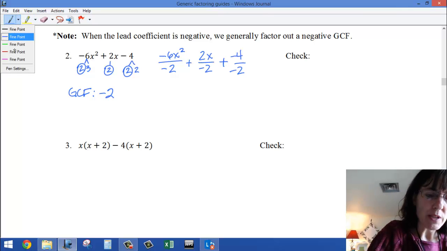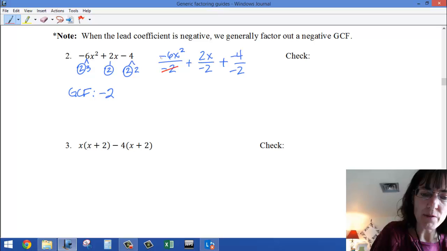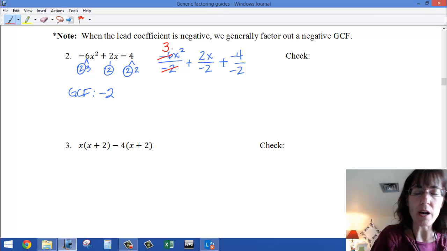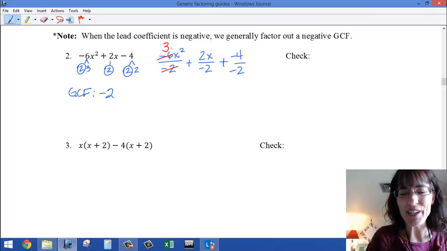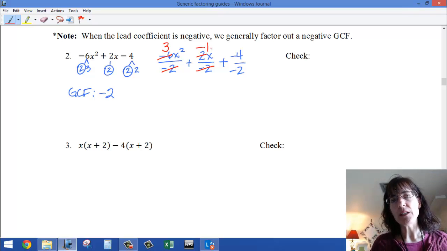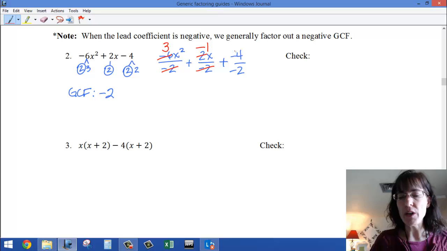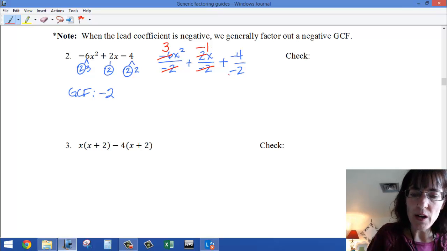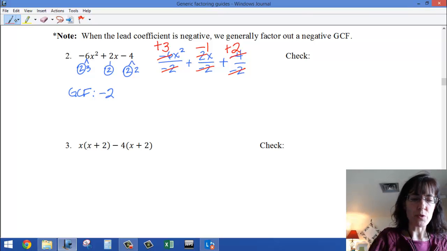So we're thinking about these negatives, and negative 2 goes into negative 6 a positive 3 times, because negative divided by negative is positive. And here I have negative 2 goes into positive 2 negative 1 times, because a positive divided by a negative is a negative. And then on the last one, I have a negative 2 goes into negative 4 a positive 2 times. So I'll put those signs on there just so we're careful about that.